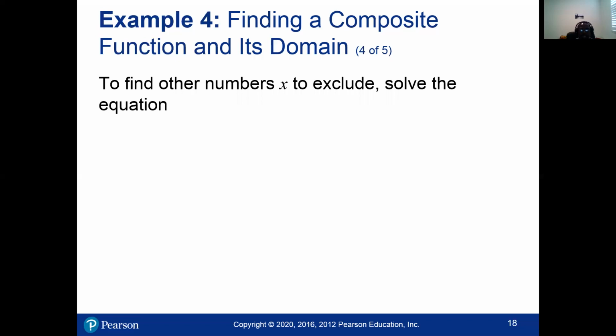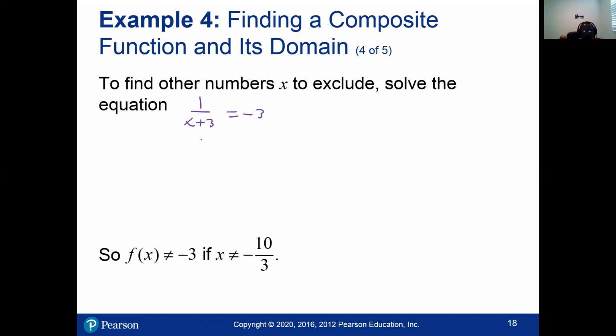So to find the other number to exclude, we solve the equation 1 over x plus 3 is equal to negative 3.